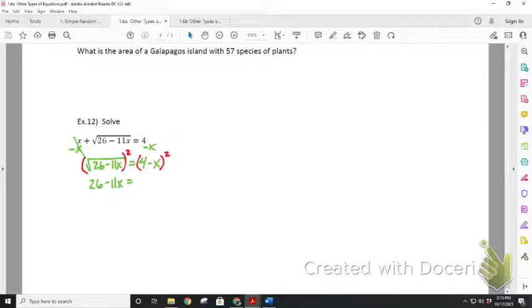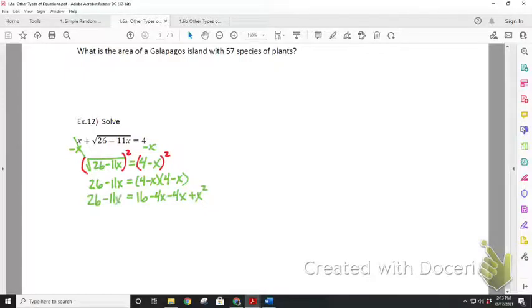On the right side, I have 2 of those, so I need to FOIL that out. Some of y'all have the pattern memorized, but I'll FOIL it out this time. So I go 4 times 4, 4 times negative x times 4, negative x times negative x.